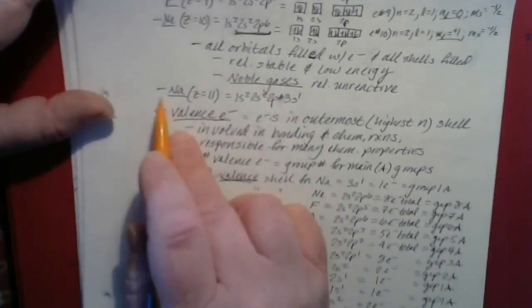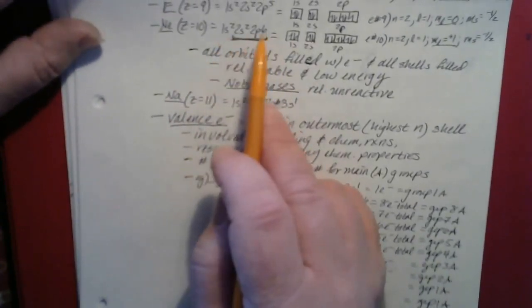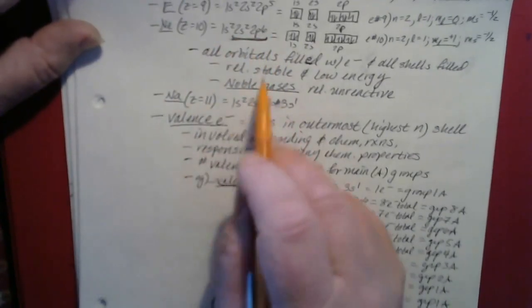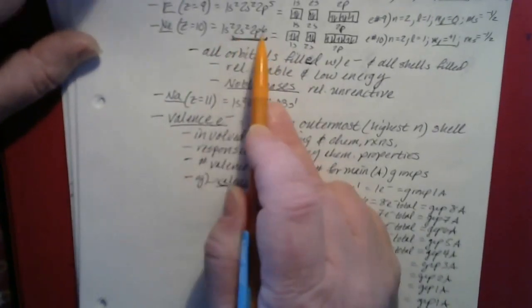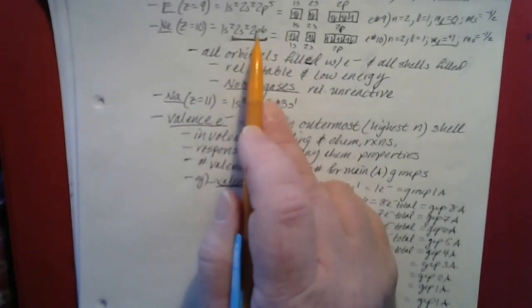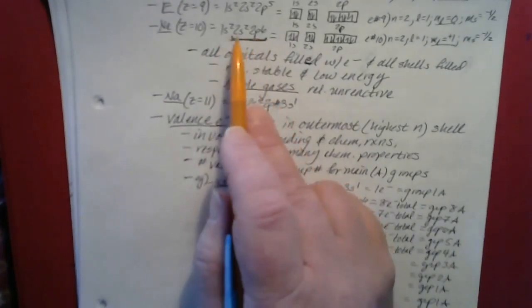Okay, the next element would be sodium. Sodium has 11 electrons, so you essentially have the same 10 electrons that you had for neon, and you add one more. Well, after you've filled the p-type orbitals for the second shell, you've filled up the second shell completely, and the next electrons have to go into the lowest energy positions in the third shell.